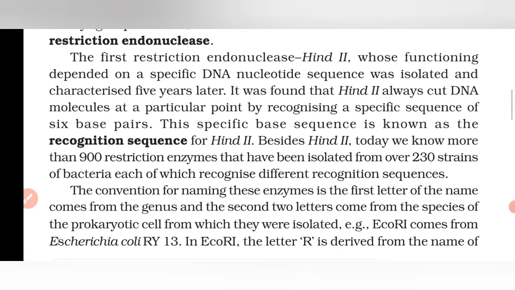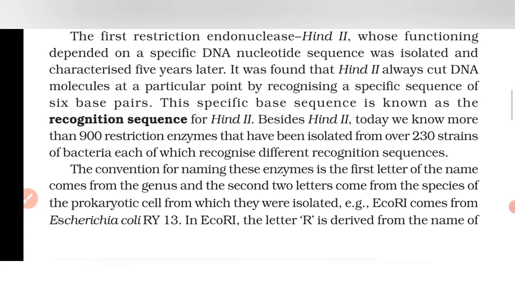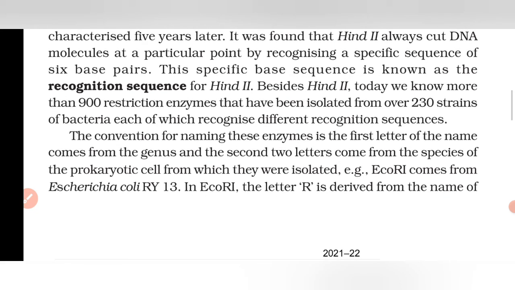The specific base sequence at which this restriction endonuclease makes the cut is called a recognition sequence. Besides Hind2, today we know more than 900 restriction endonucleases that have been isolated from over 230 strains of bacteria, each of which recognizes a different recognition sequence. They can't have the same recognition sequence.